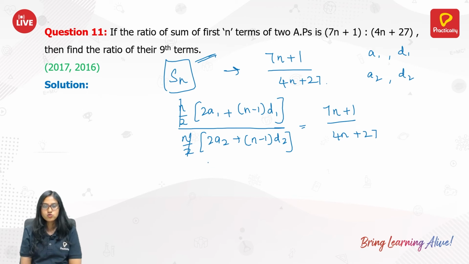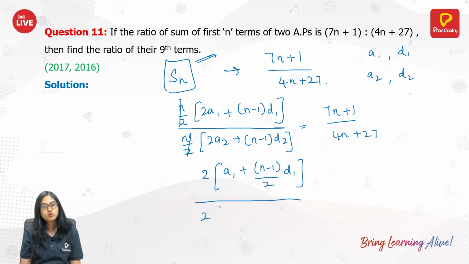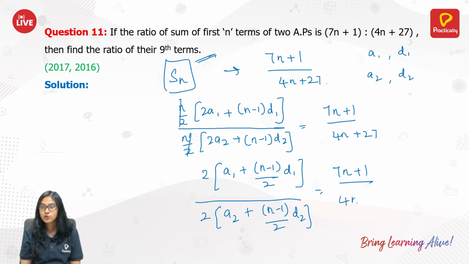Then if I take 2 common or multiply and divide, what do I get? 2 of A1 plus n minus 1 by 2 into D1 by 2 of A2 plus n minus 1 by 2 into D2 equals 7n plus 1 by 4n plus 27. 2 to cancel. Now listen carefully.